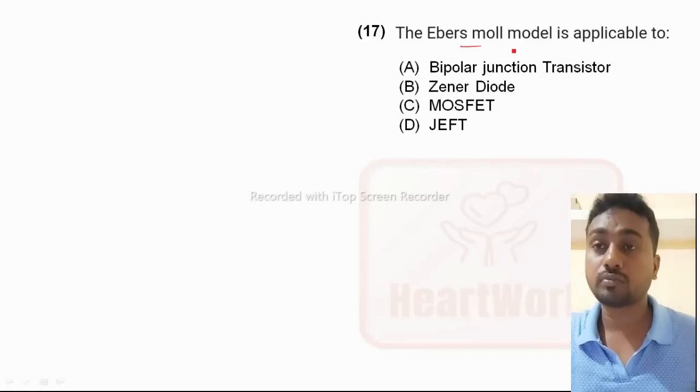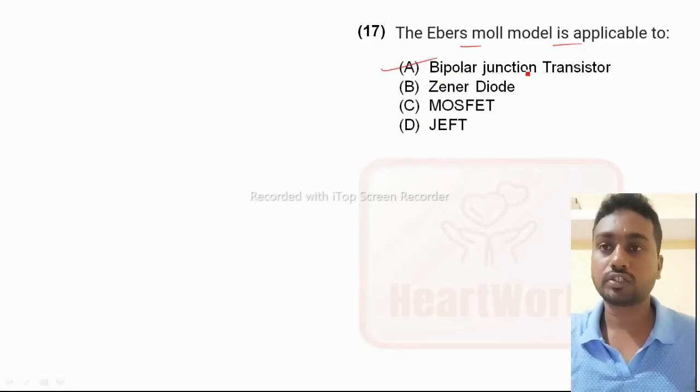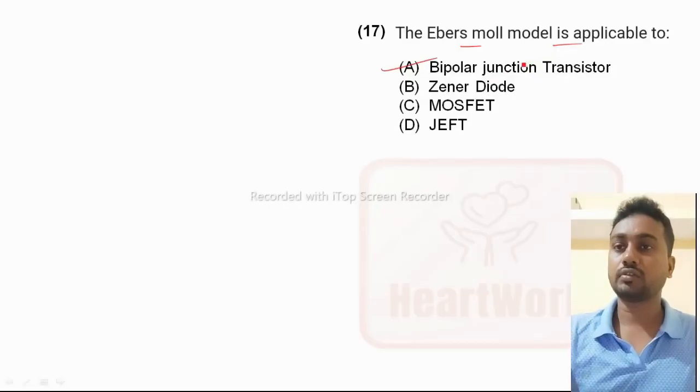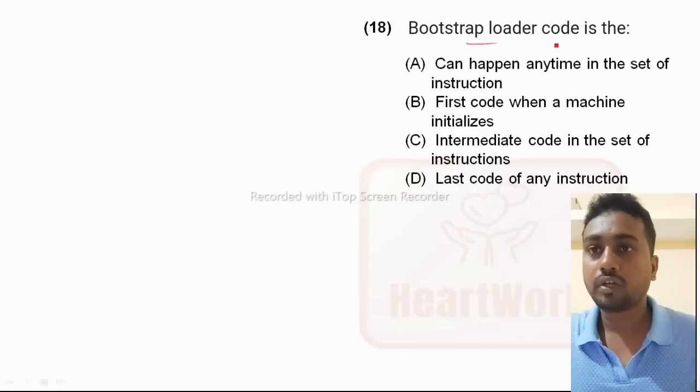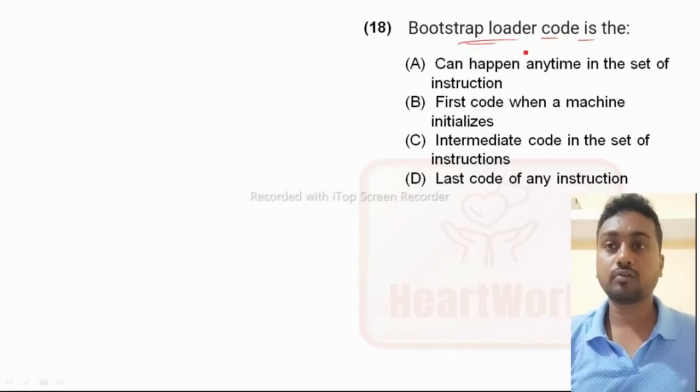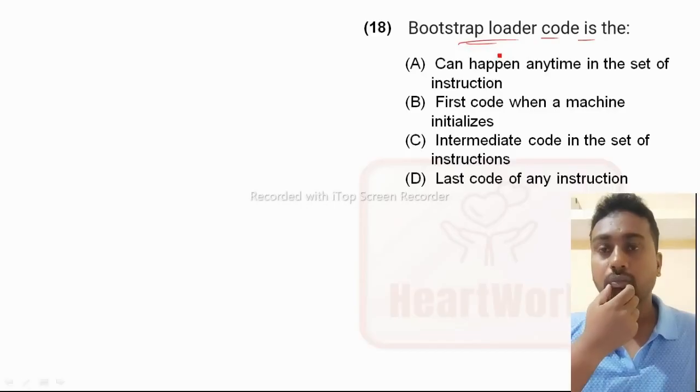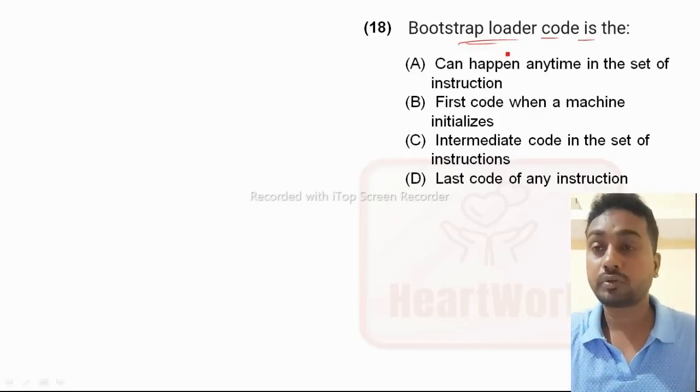Ebers-Moll model is applicable for what? Bipolar junction transistor. It is used in reverse bias and forward bias, and also in the saturation region. Bootstrap loader code: bootstrap loader is a type of program.